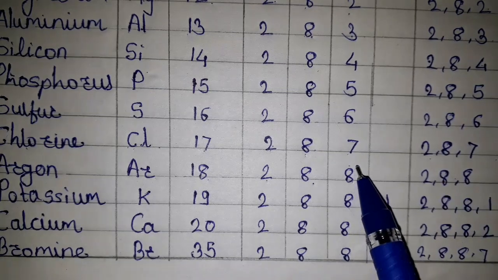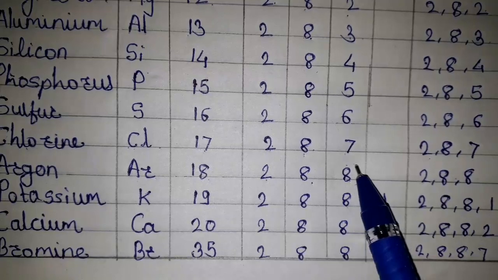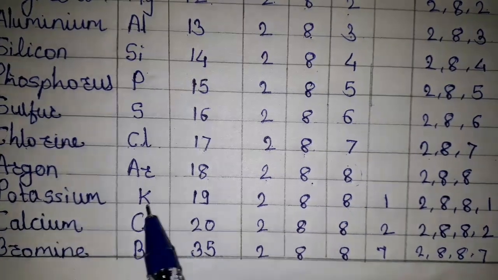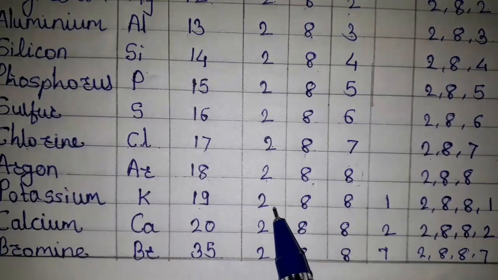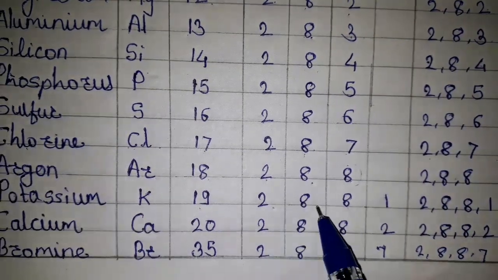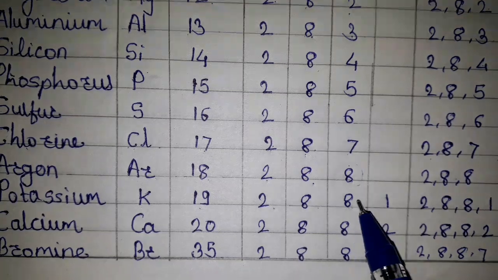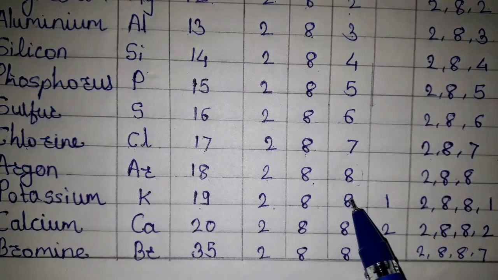In the last shell, the M shell, it completes its octet. Okay, next potassium, K, atomic number 19. In the K shell 2 electrons, L 8, M 8. Now see here the electrons try to complete the octet.